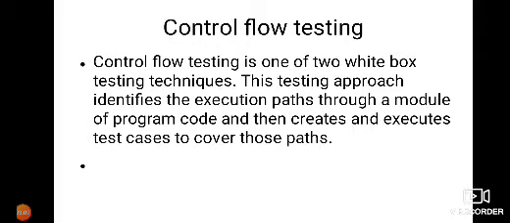This testing approach identifies the execution paths through a module of program code and then creates and executes test cases to cover those paths. So the basic intention behind control flow testing is to identify the various execution paths in your code and write test cases for each of them.